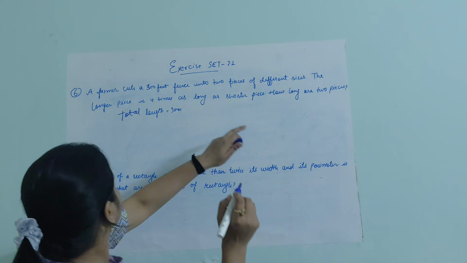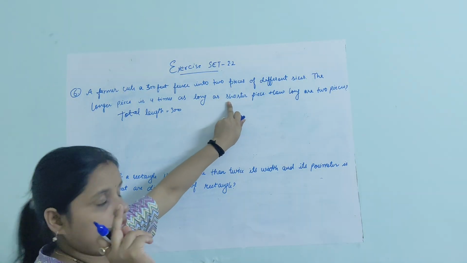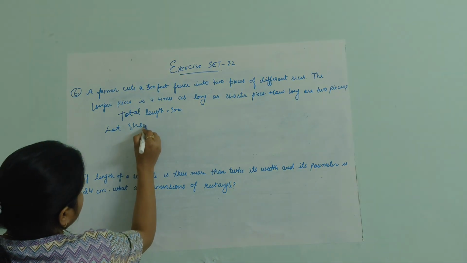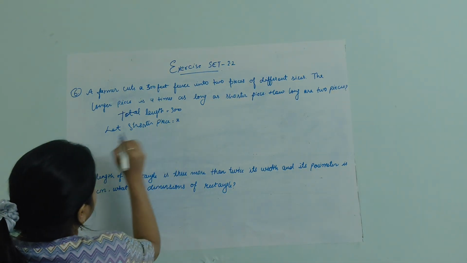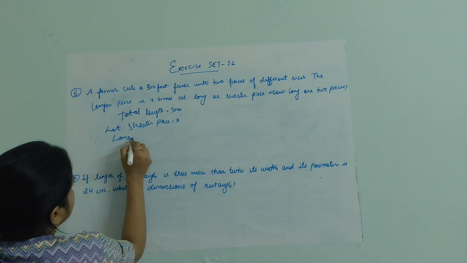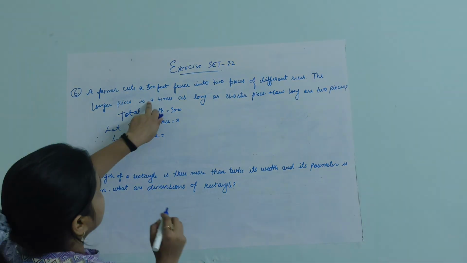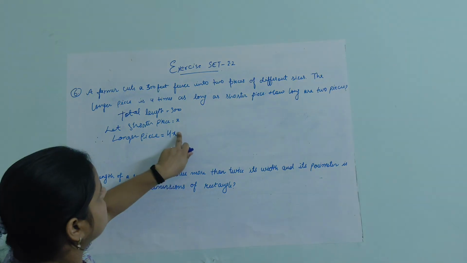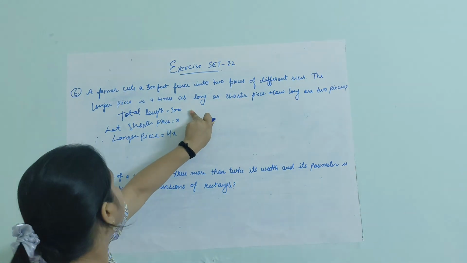Okay. The longer piece is 4 times the shorter piece. That means let the shorter piece be x. Then the longer piece will be 4 times the shorter piece, that means 4 into x, and the sum of these both is 300.